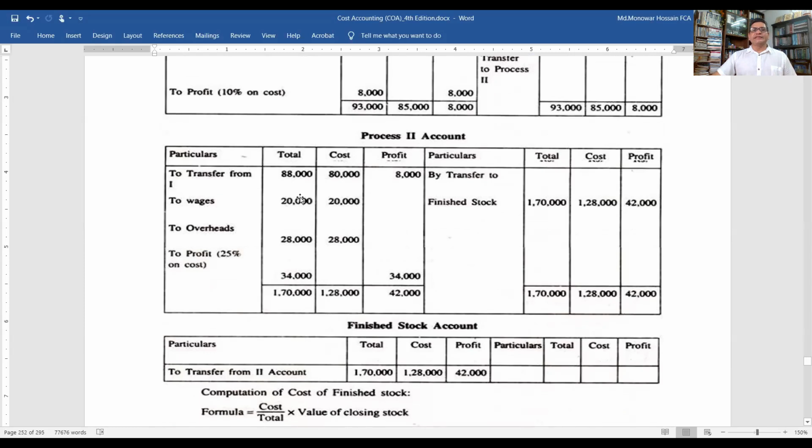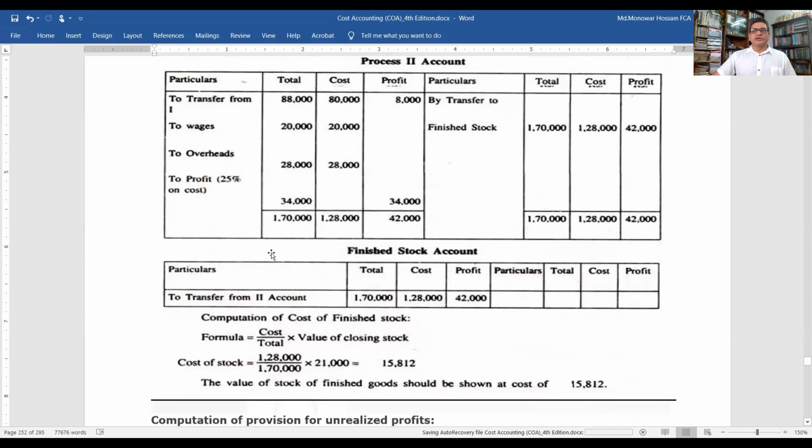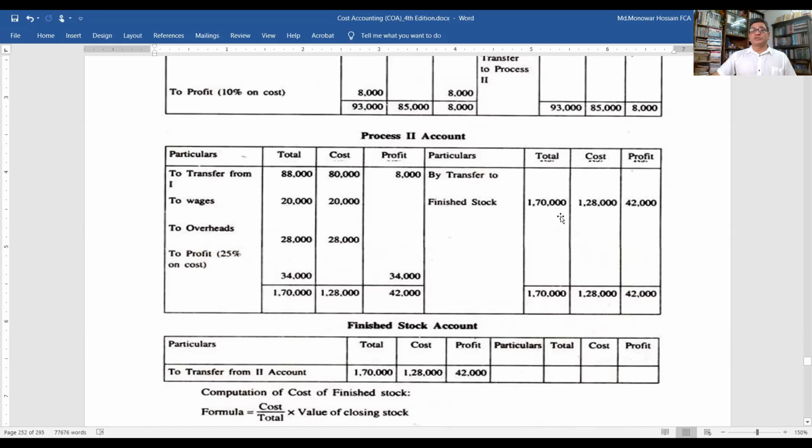So wages are added here and overhead is also added here, and profit is 25% on cost. So the finished product total is 1,70,000, and within this 1,70,000, 42,000 is the profit.